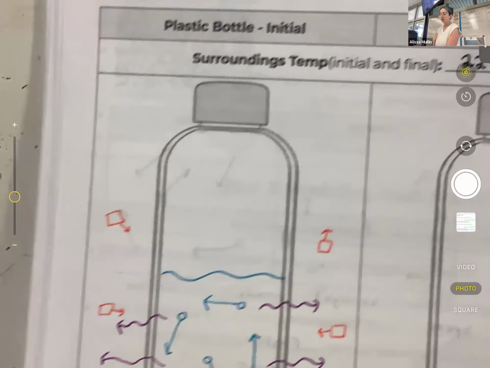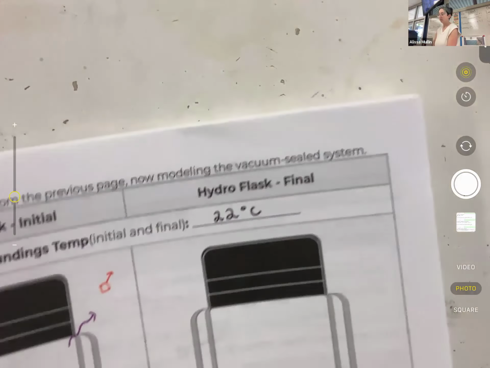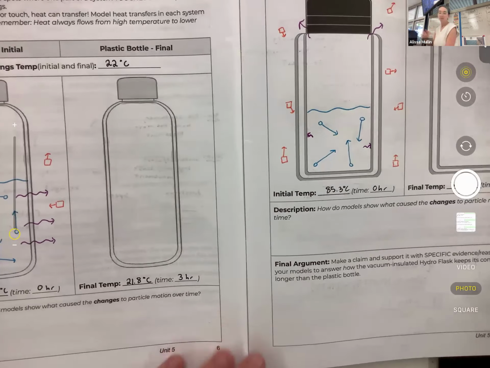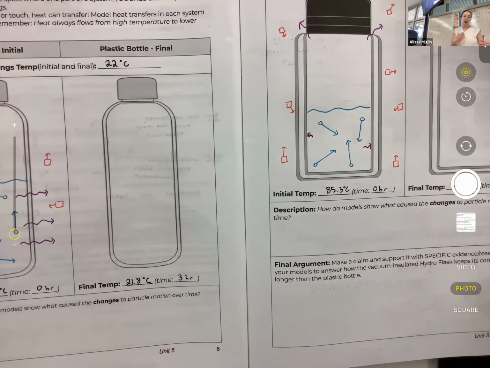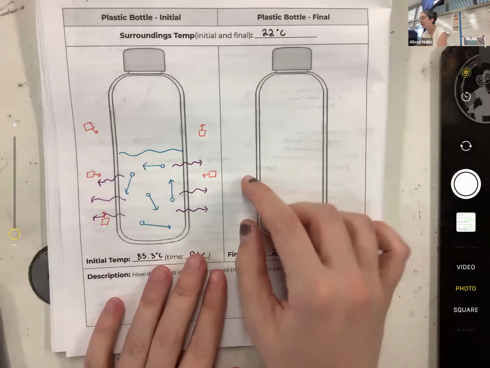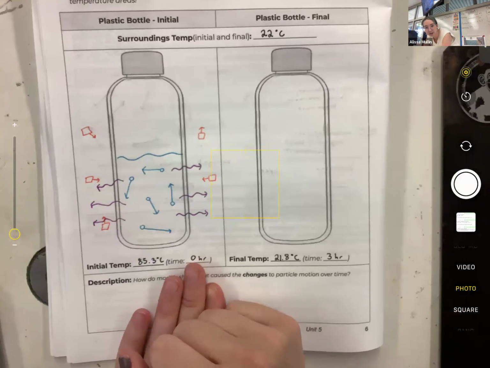Okay, so what I want you to do is complete the rest of these 2 pages. Think about how it would look different, and focus on one thing at a time. The plastic bottle: would any of my arrows look different?